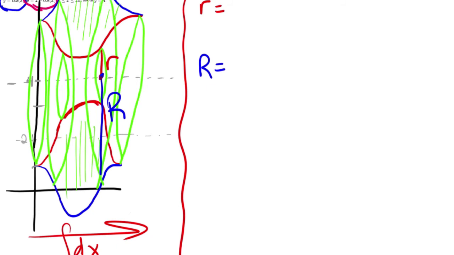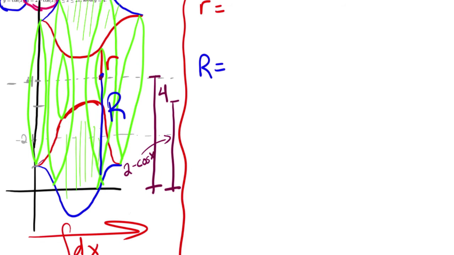Okay, so little r, let's talk about that one for a little bit. Little r is formed by this function, the red function, 2 minus cosine x. And so the radius from here, we can look at it from the picture. Notice that from here to here is a distance of 4, because that's the line y equals 4. And then that distance from here to here is changing, as 2 minus cosine of x.